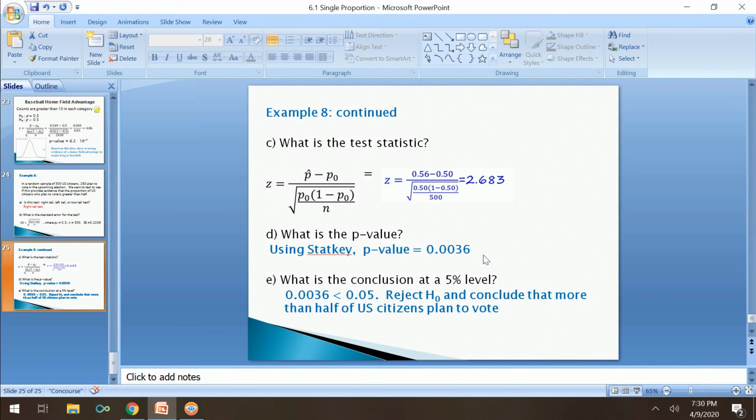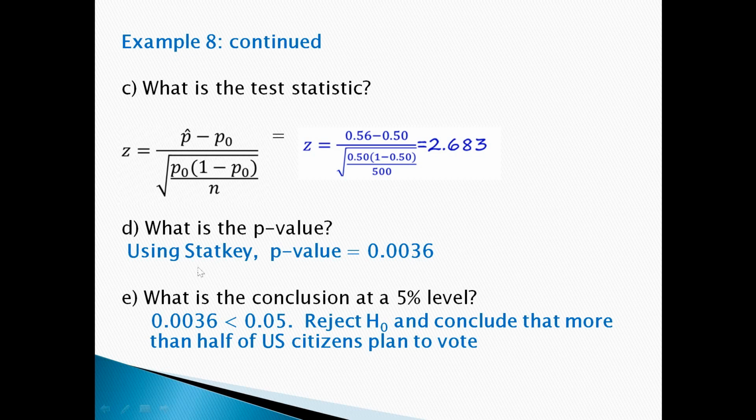And this is exactly what I found last time. And the last part of this question is asking, what is the conclusion at the 5% level? So you compare your p-value to the 5%. Obviously, the p-value is way smaller than the 5%. That means we reject the null and conclude that more than half of US citizens plan to vote.